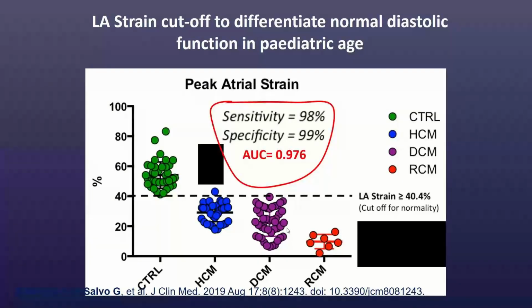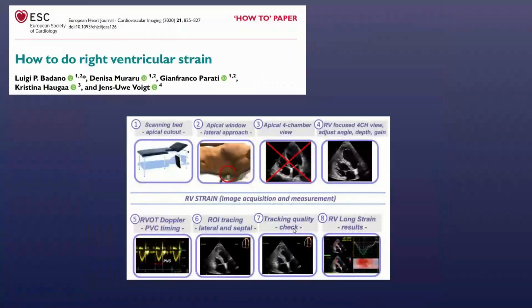But strain has been used a lot also to assess right ventricular function. Those are the recommendations from the European Society on how to perform echocardiography to assess right ventricular strain.